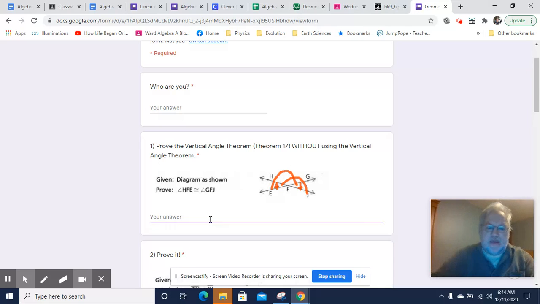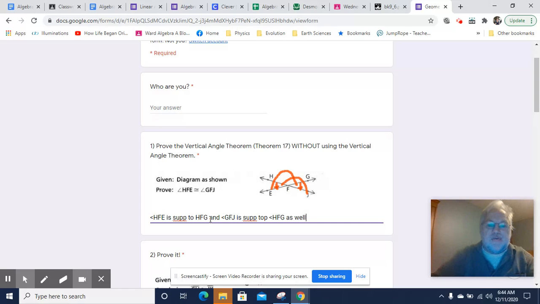So here's what we say. Angle HFE is supplementary to HFG. And angle GFJ is supplementary to angle HFG as well. By the way, you could have used EFJ for this.